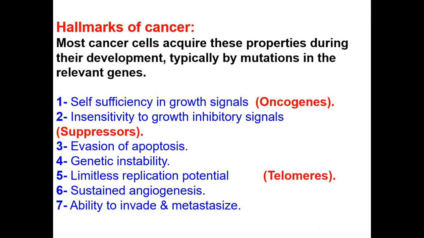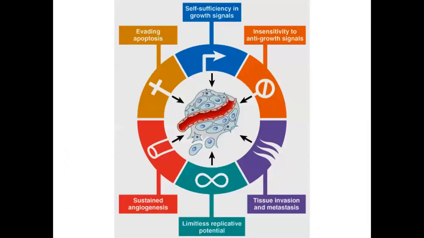First, self-sufficiency in growth signals اللي هي الأونكوجينز, insensitivity to growth inhibitory signals اللي هي suppressors, evasion of apoptosis, genetic instability, limitless replication potential اللي هو telomerase, sustained angiogenesis and ability to invade and metastasize. هذا يوضح لنا أن التيومر سيل أما تكون بيها self signal for growth بحيث تحفز البروليفريشن مالتها، أو insensitivity to anti-growth signals، أو evading apoptosis ما يصير بها apoptosis فتتكاثر بسرعة، sustained angiogenesis فيبقى البلد سبلاي مالتها عالي، limitless replicative potential، and tissue invasion and metastasis اللي هي الفاينل ستيب.